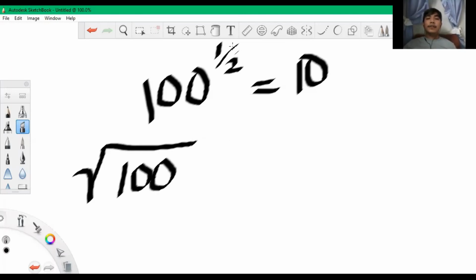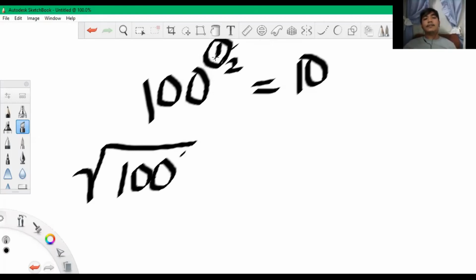Saan po napunta, sir, yung 1/2? So, yung 1/2 po, punta muna tayo dito sa numerator. Pagka po ang exponent natin ay fraction, yung numerator will become the exponent of the radicand. So, yung 100, may raised to 1 dito.